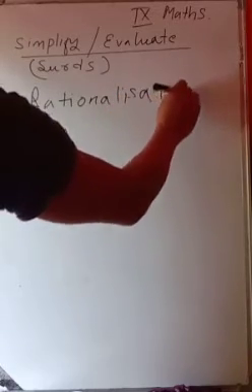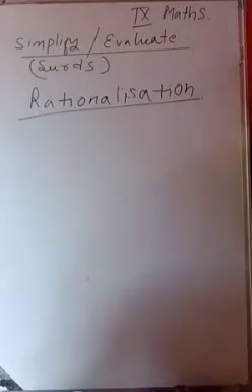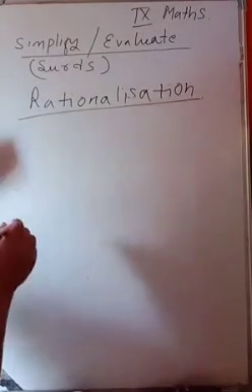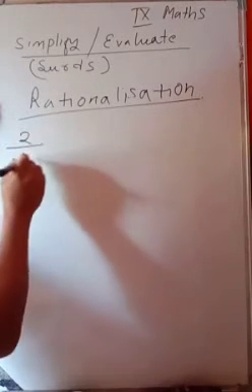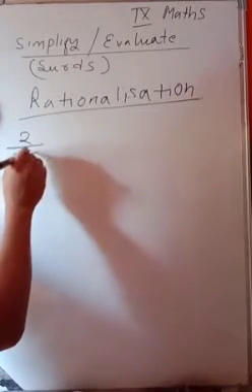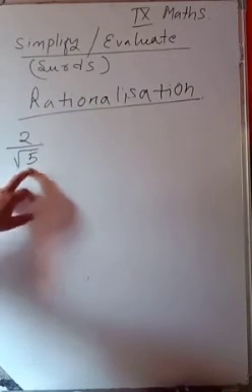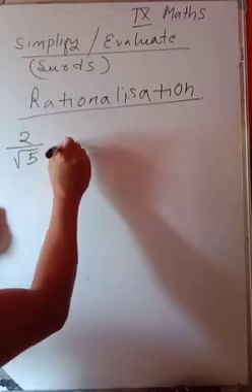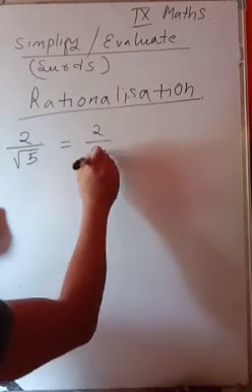This is a very important formula or process. Rationalization. What is rationalization? Example, 2 by root 5. How to solve? If there is root 5 in the denominator, then this will be equal to 2 divided by root 5.